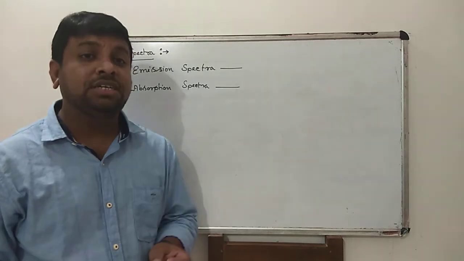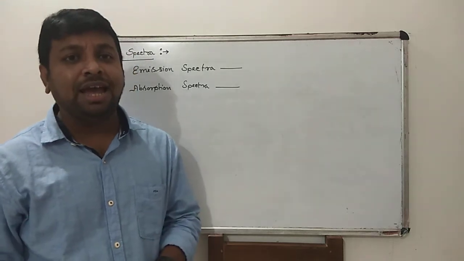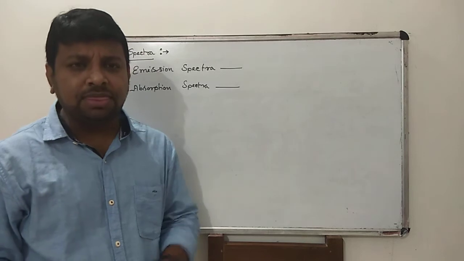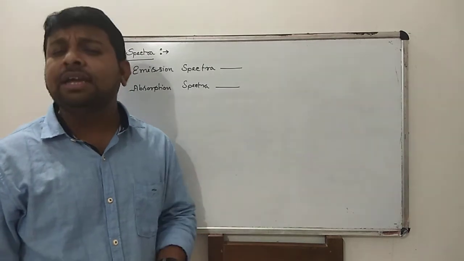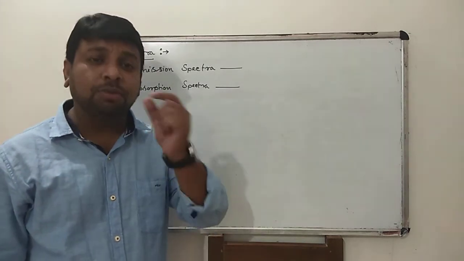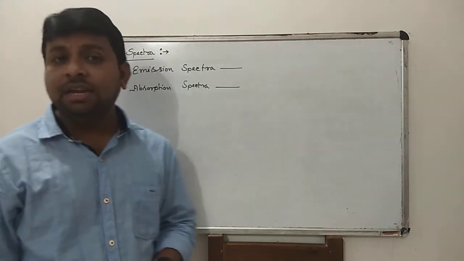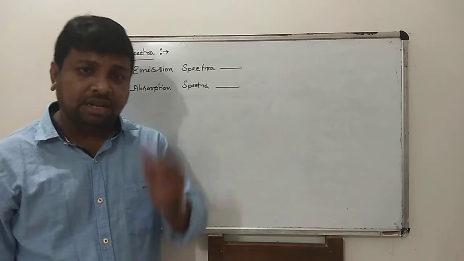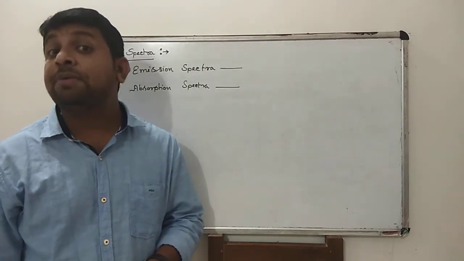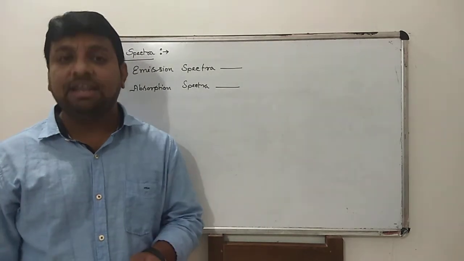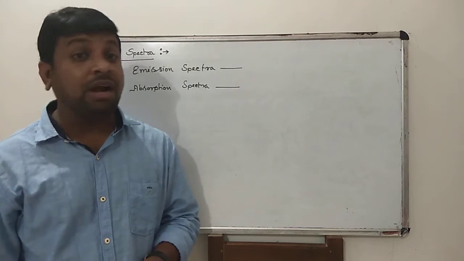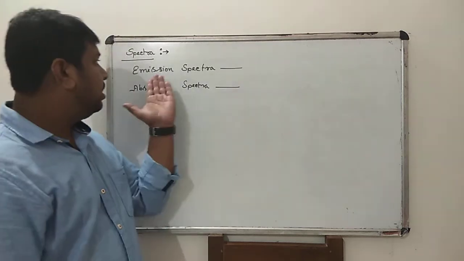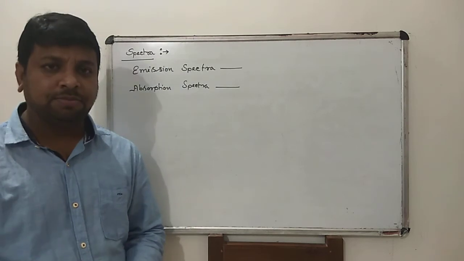So this spectra is known as line emission spectra. That means when electric current is passing through atomic gas or vapor, some emission takes place in lines on a dark background. So these bright lines obtained on a dark background are known as line emission spectra.